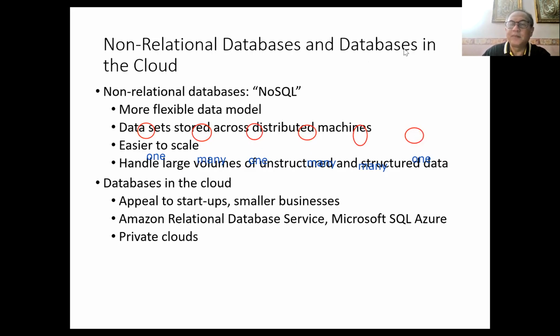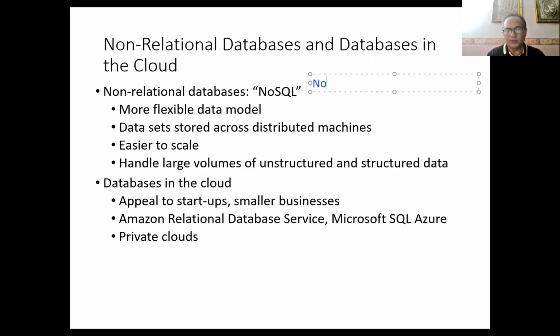Besides the entity, the relational database management system, RDBMS, we also have non-relational databases. We term it NoSQL. NoSQL stands for not only SQL. It is a more flexible data model.